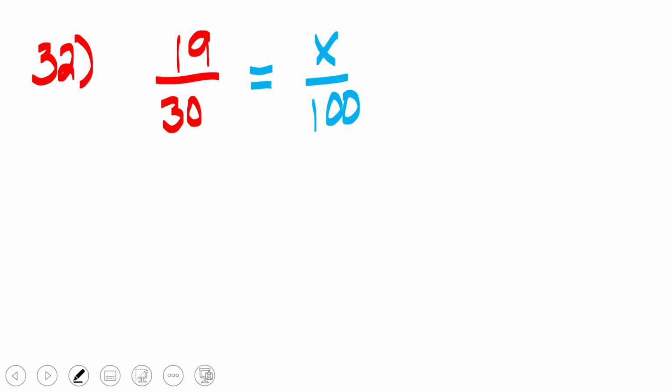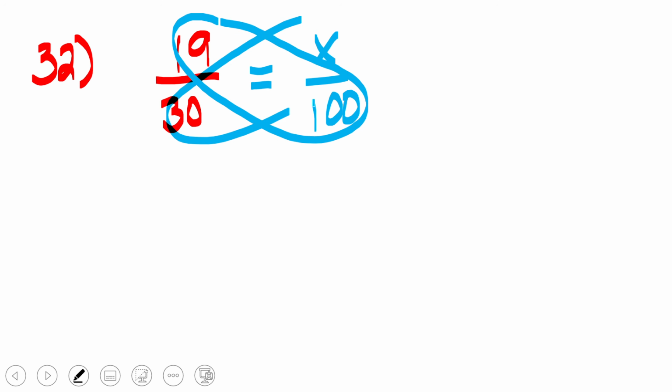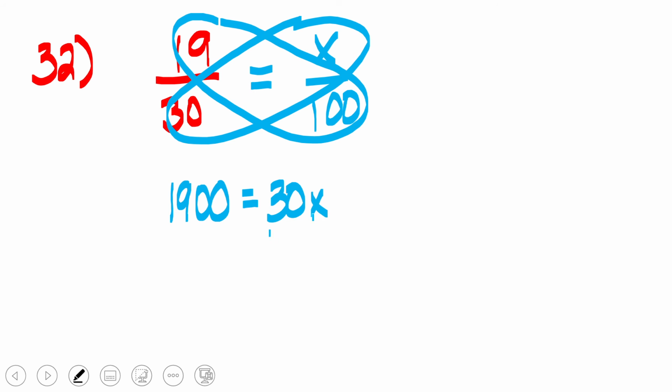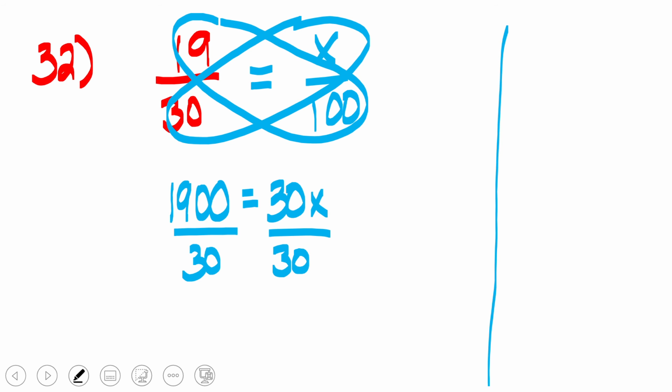We can cross multiply to solve. So we're going to have 1900 equals 30x, solve for x. And then when we divide, 1900 divided by 30, we get 6.